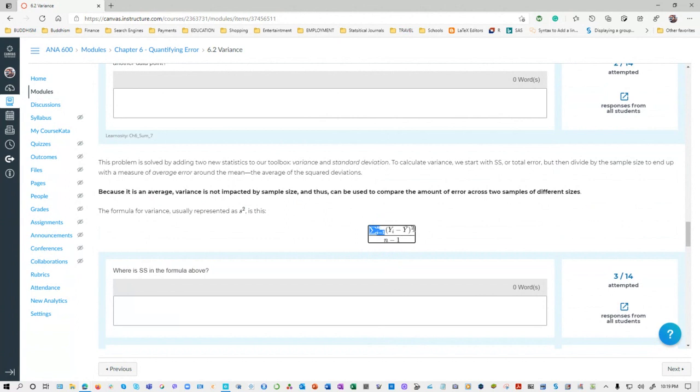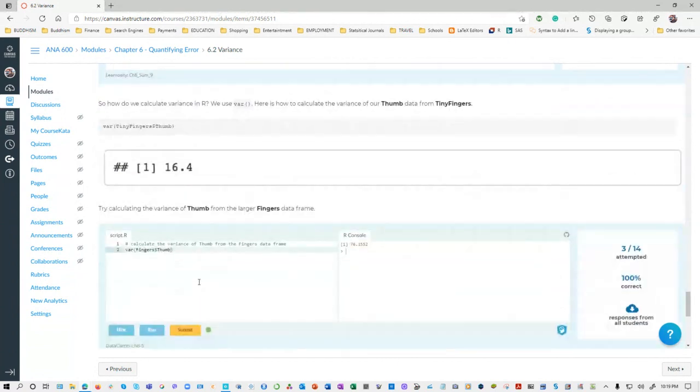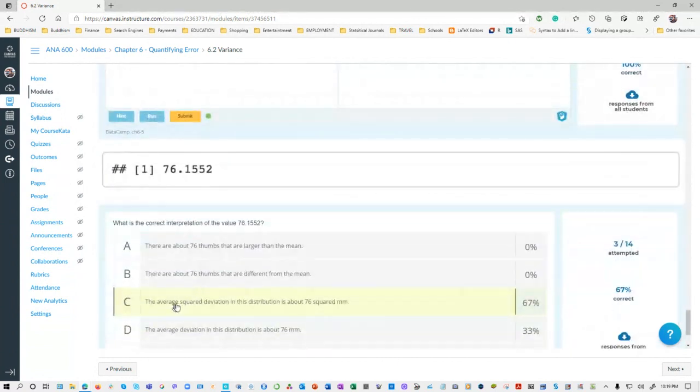You simply say square deviation, not the sum. SSR, mean squared deviation, that's the same thing. As I said, average means mean. MSR, MSD, mean squared residual, mean squared deviation.